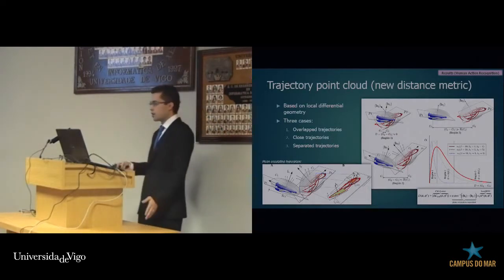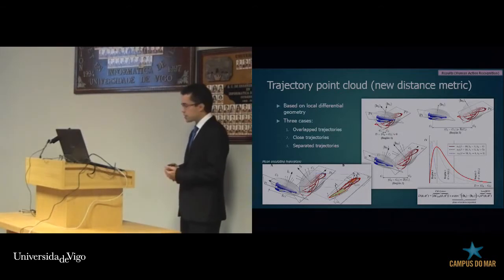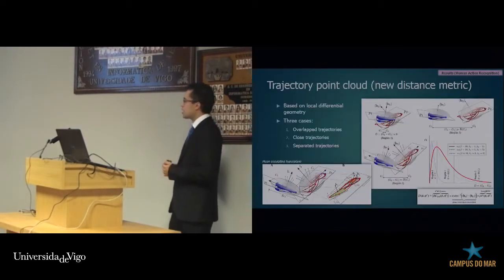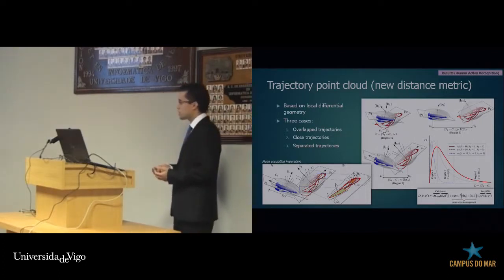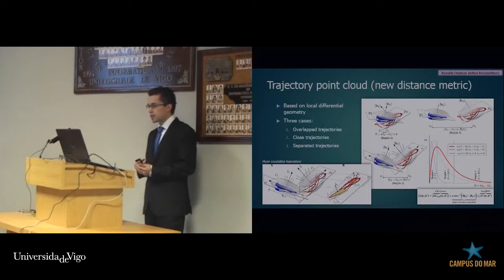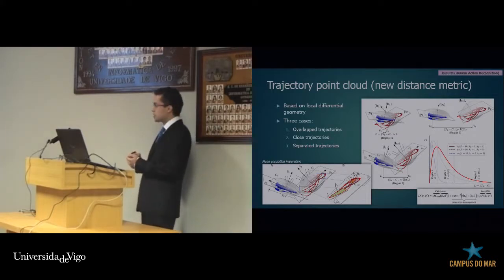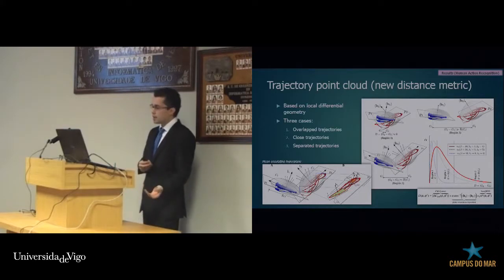So here is where we understood that it's not important to try to use a KNN, because you are losing a lot of information that is in these trajectories. So it's important to understand the local differential geometry of these trajectories, because there are different cases where KNN works badly.